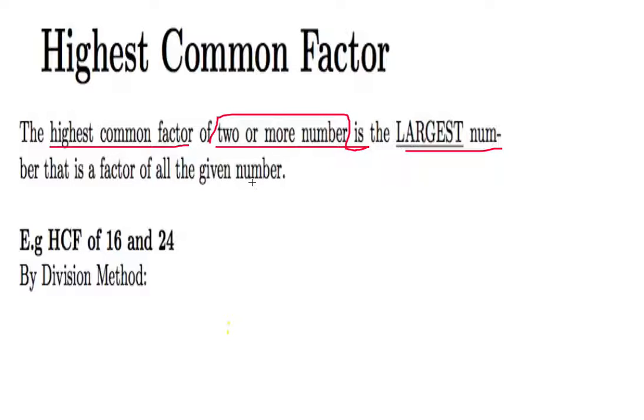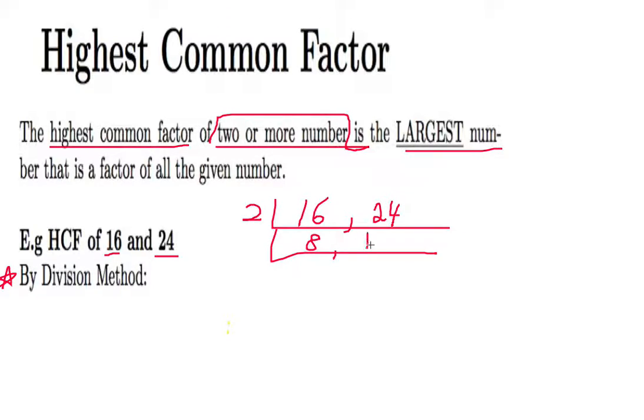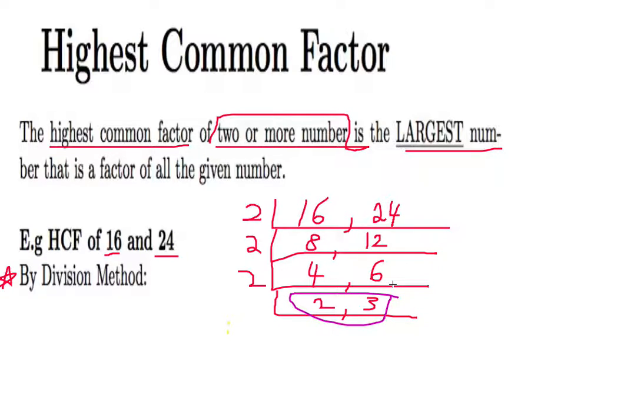Okay, so maybe let's just recap on how to find the highest common factor of 16 and 24 using the division method. So you'll probably remember this. So 16 and 24, right? We divide by say 2. Okay, 8 and 12, divide by 2 again, get 4 and 6, 2 again, and then 2 and 3. So you realize that at this point you can't divide anymore, so you're left with 2, 2, 2.